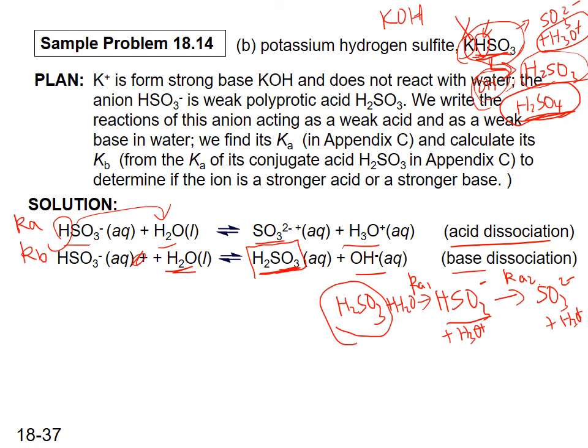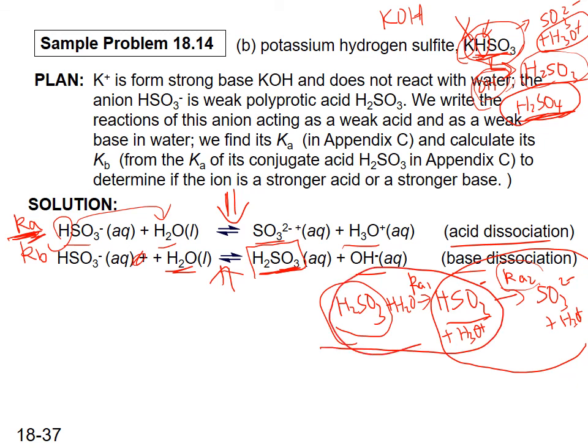Now, in fact, this first reaction is the second dissociation reaction. So from the textbook you can find Ka2, and that is this Ka. What about the second reaction? The second reaction is the opposite of the first one. The first one is the hydrogen sulfite going to sulfite, but this here is the hydrogen sulfite going to the diprotic acid.